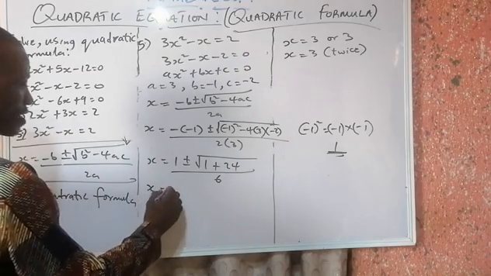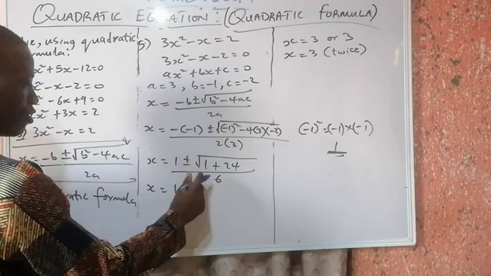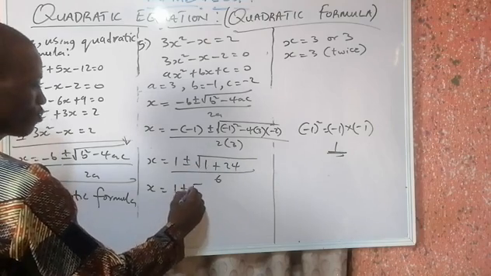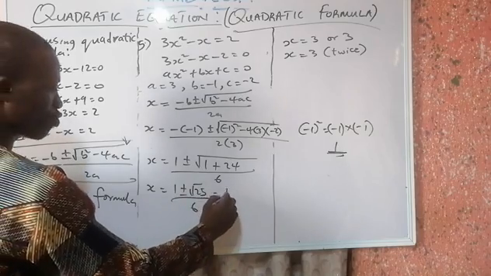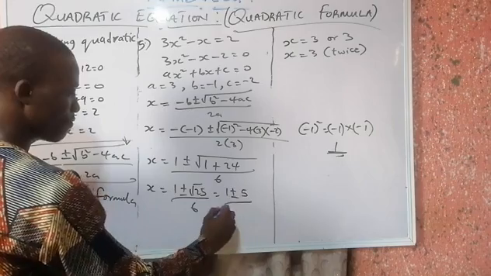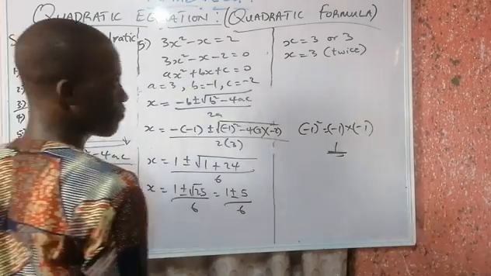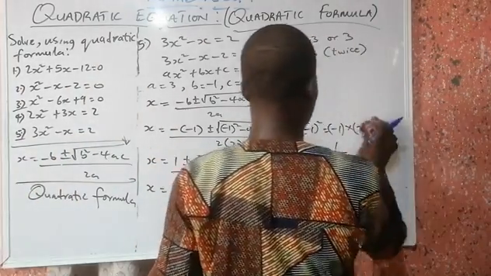And that will give me x equals 1 plus or minus the square root of 1 plus 24, which is root 25, over 6. This will result to 1 plus or minus 5 over 6. Then we can finish up.